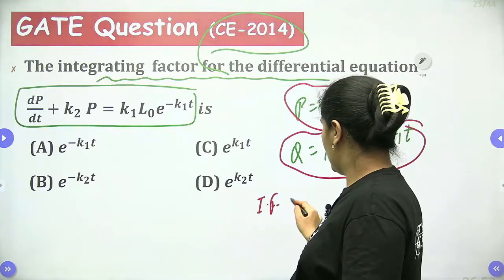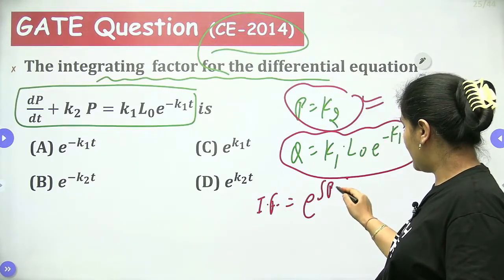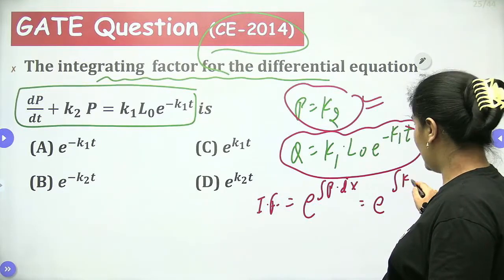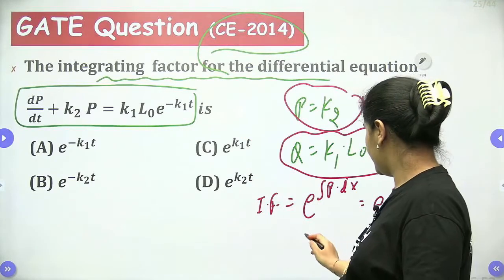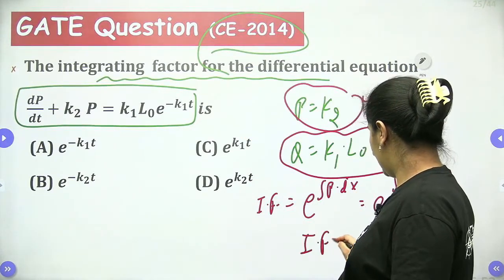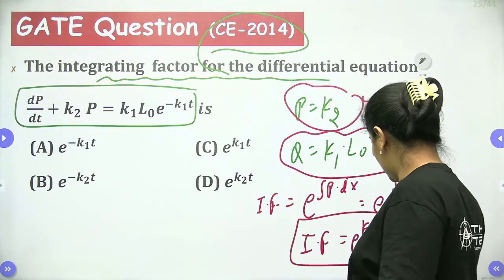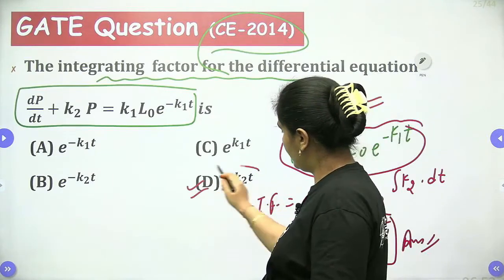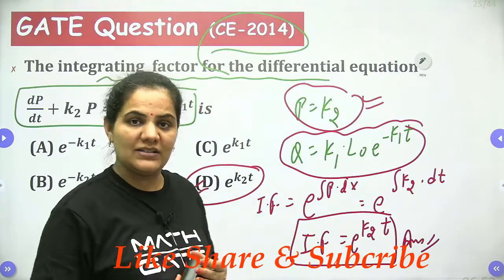As we know very well, for the linear differential equation, the integrating factor is e to the power integral of p dx. So we can write e to the power k2 into dt only, because the equation is in the form of dt, right? So the integrating factor will be e to the power k2t only. This will be your final answer. You can see it is in option number D. So e to the power k2t will be your final answer, guys, right?